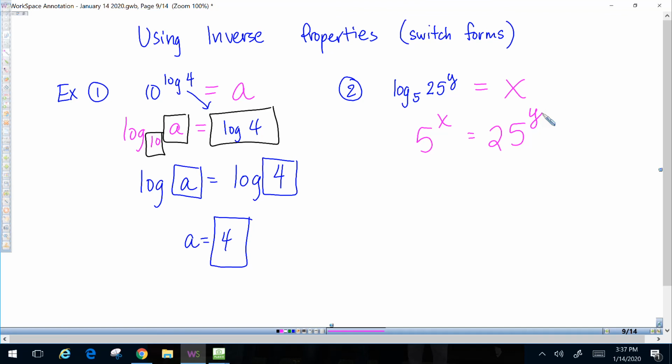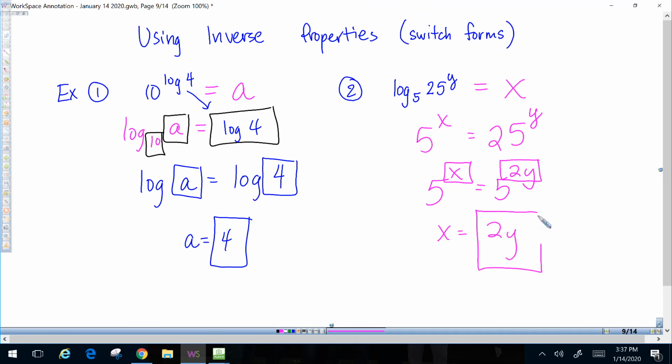We don't have the same base right now, but can we make the same base? Yeah. How can I rewrite this as 5 squared? So x has to equal 2y. The answer is 2y.